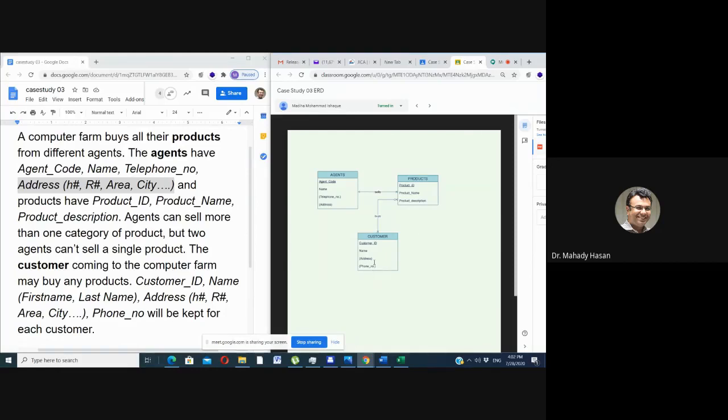Similarly, you can't keep the quantity in the product because lots of customers are procuring that product. So eventually it would be an attribute of the relationship. When we have an attribute of the relationship, we give a dotted line and a box and put the attribute there. Is it clear? Yes, sir. Thank you.